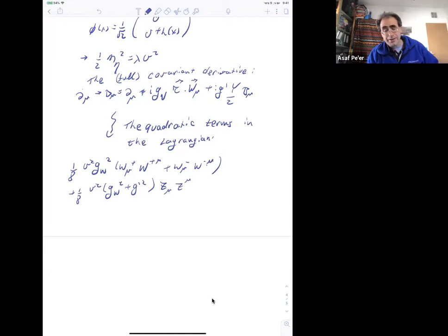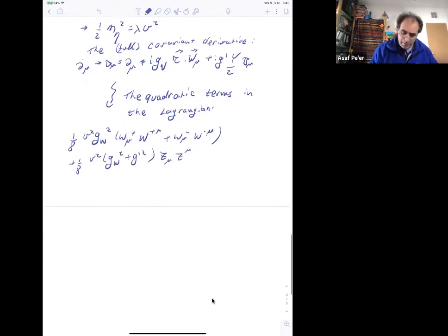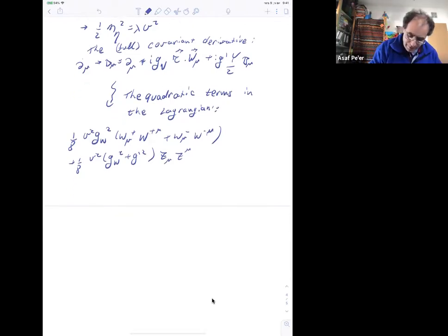Since all the mass terms are of the form half m squared, we get the masses for the physical fields. This is all the quadratic term, plus the kinetic terms, plus the interaction terms.